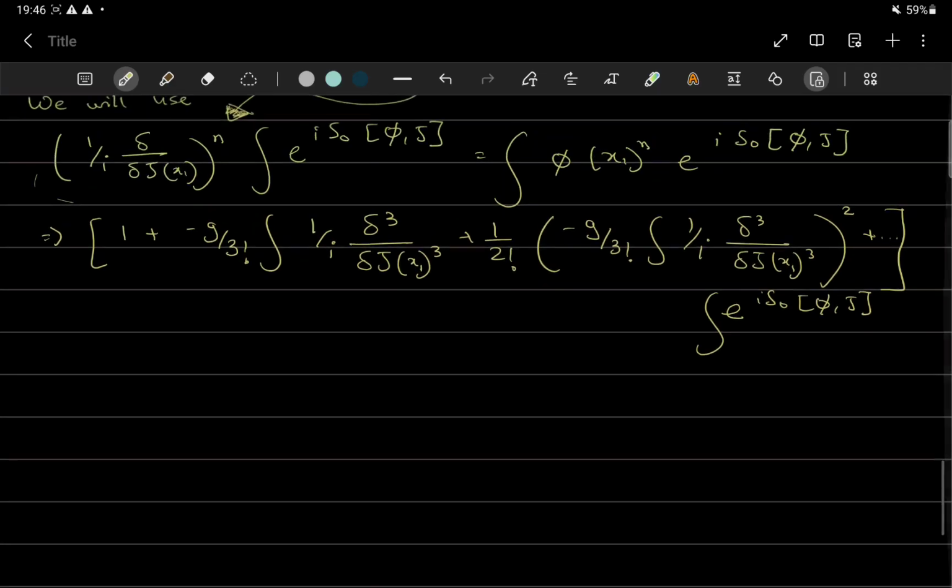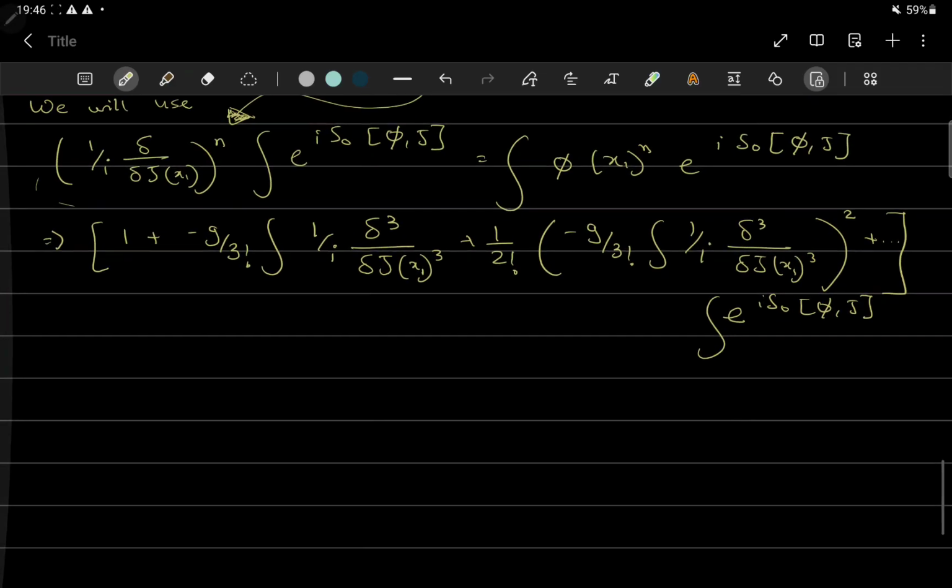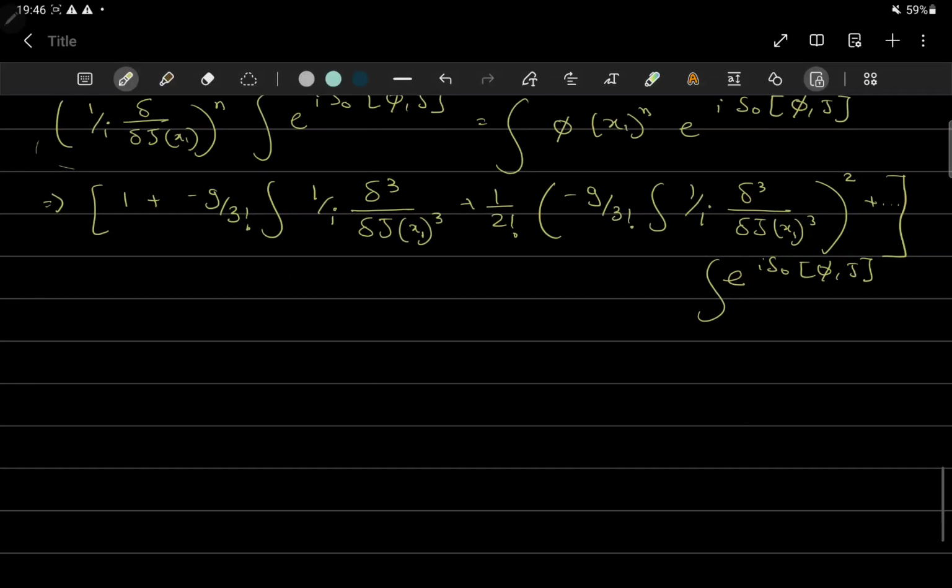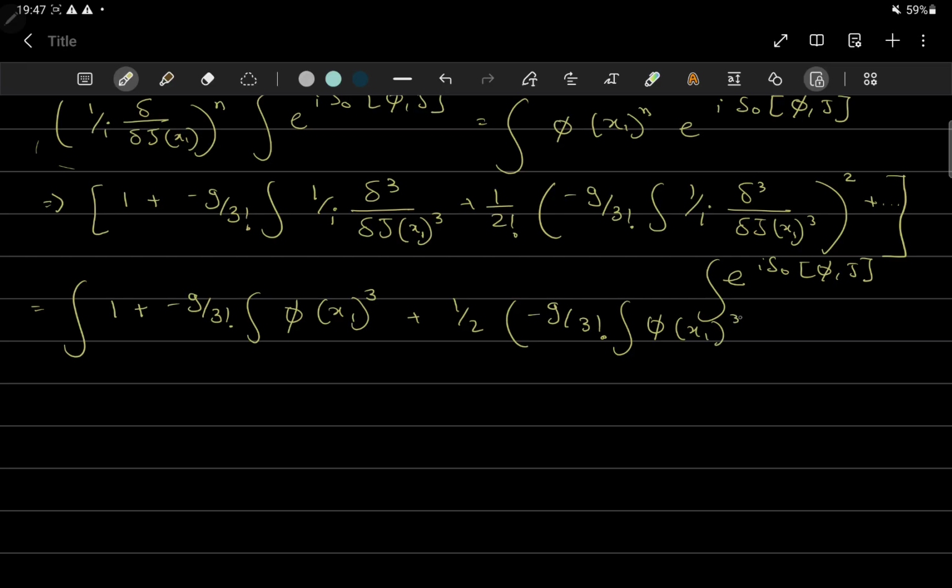So now you can use the definition over here and basically write this expression in terms of phi's, and therefore what you will get is 1 plus minus g by 3 factorial phi cubed, and half of minus g by 3 factorial phi cubed squared, and so on.